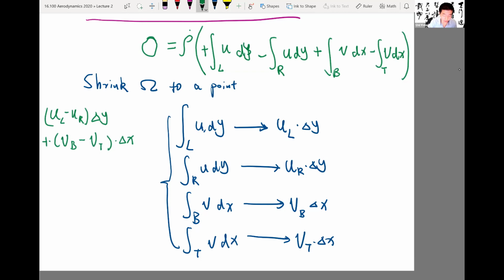Of course, times rho, is equal to 0. But if rho is non-zero, then the thing in the parentheses has to be equal to 0, right?